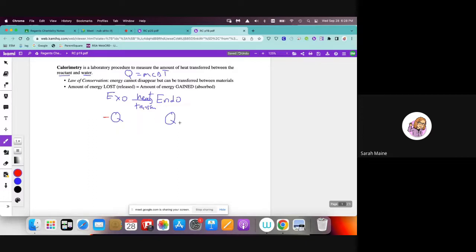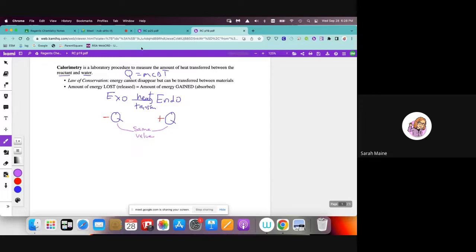A substance that is absorbing the energy, that heat, we then add that to its energy store. So the big idea is that these two materials will have the exact same Q value, but the sign will tell us whether it was deducted or lost, or absorbed.